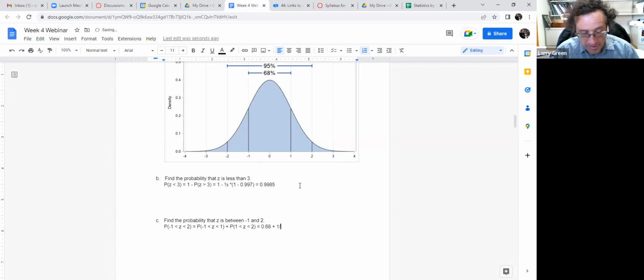So I can write 1 over 2, that's the half, and then I can take the probability -2 to 2, which is 0.95, and the probability that we're between -1 and 1 is 0.68, 68%. Any questions on that? Okay, and I don't think I'm going to deal with how to put in a calculator at this point. You can do it by hand if you felt like it, but you don't have to.